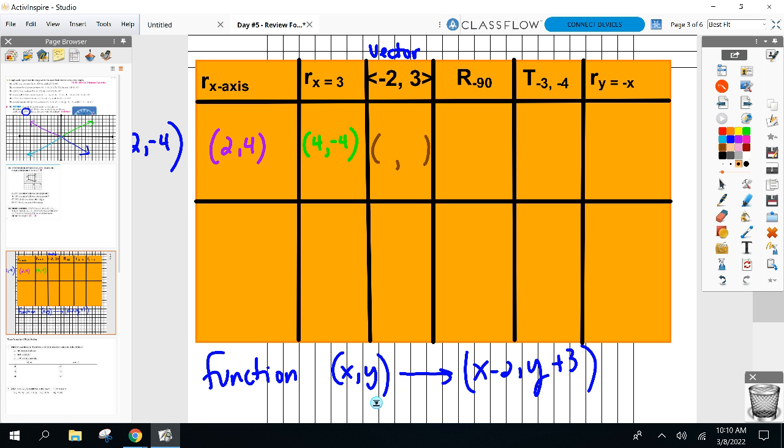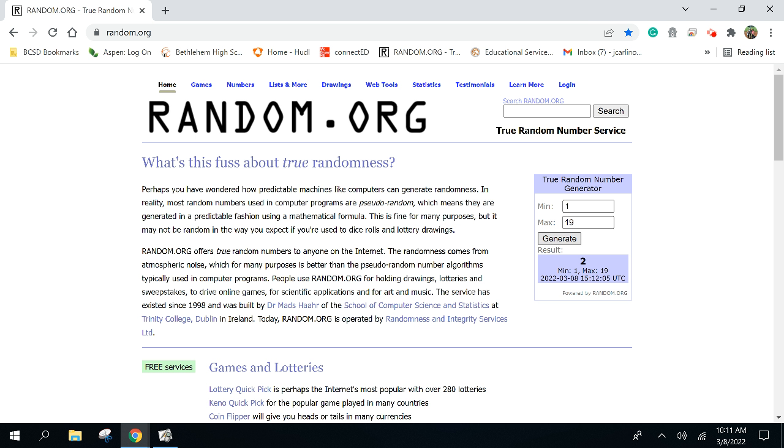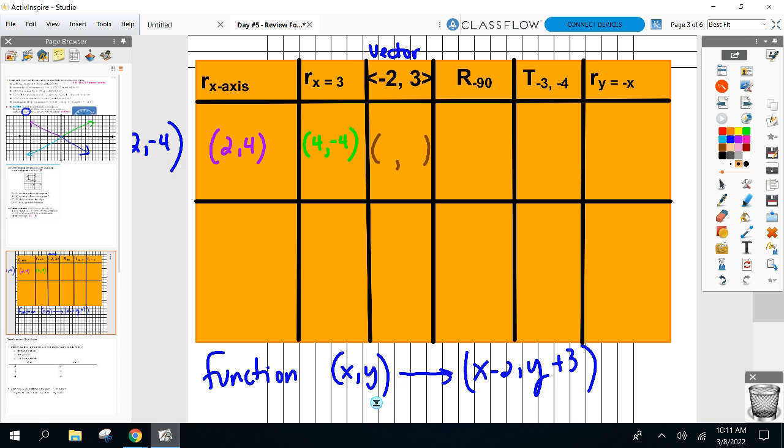Left 2, up 3. When you're ready. Left 2, up 3. 0, -1. Good work.